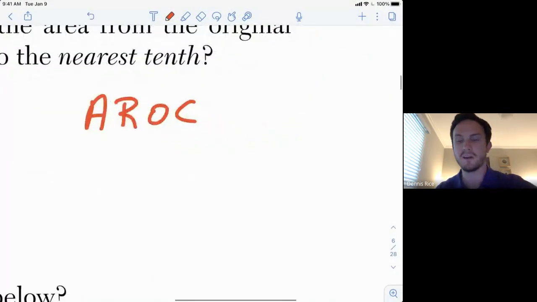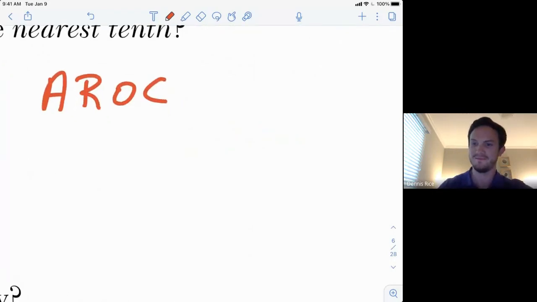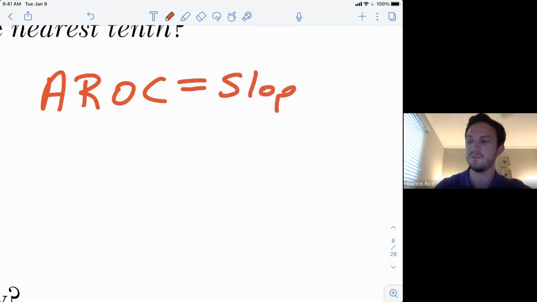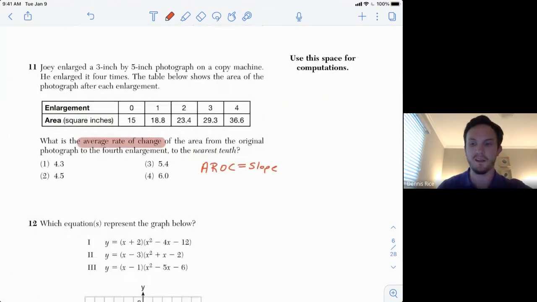What word is AROC associated with? Yeah, I know AROC means average rate of change. Slope. AROC and slope are basically the same thing, right? It's just that AROC is for nonlinear functions. So they're basically the same thing, not literally the same thing.